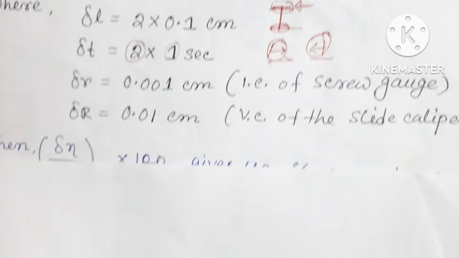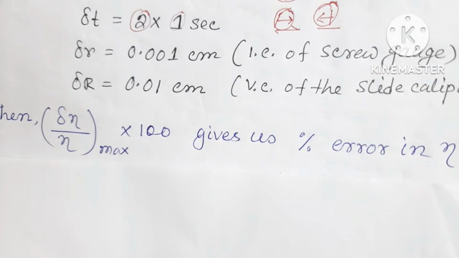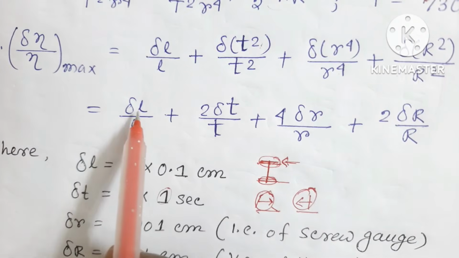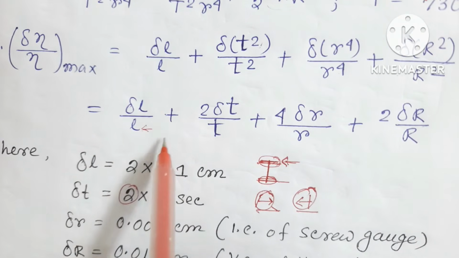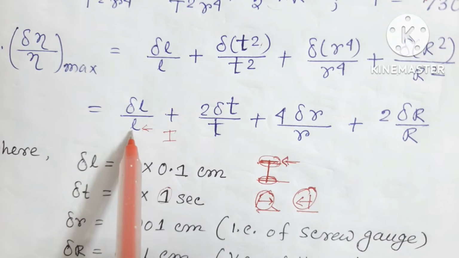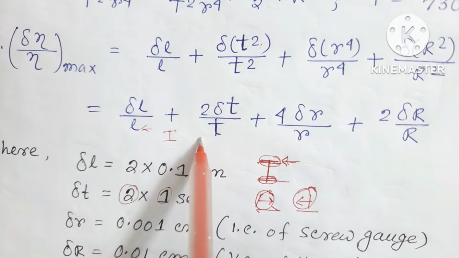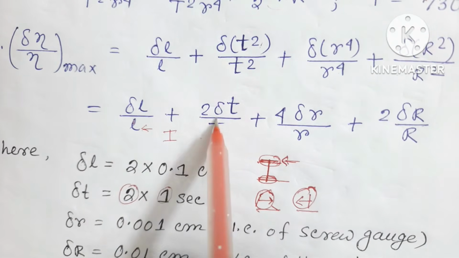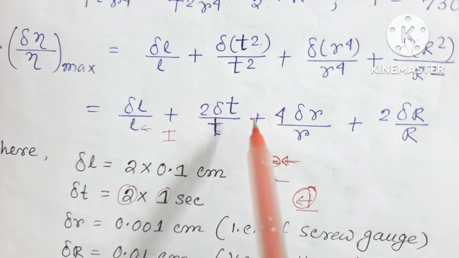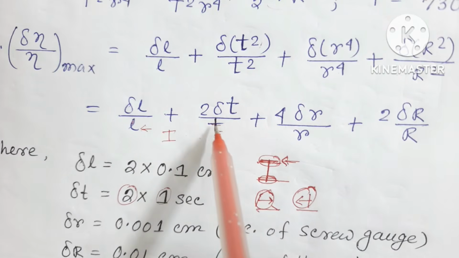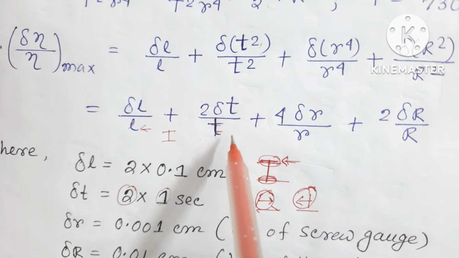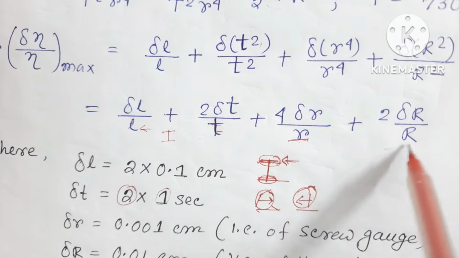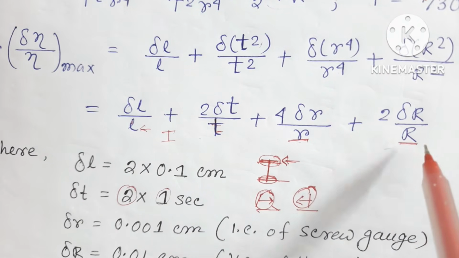So now we have found all these terms. If we put them in this equation, L is whatever length you have measured. If you have taken two to three readings, then this L will be the mean L. This T is the time period, and small t is the time taken for 20 or 30 oscillations. This small r is your measured radius of the wire, and this capital R is the measured radius of the cylinder.